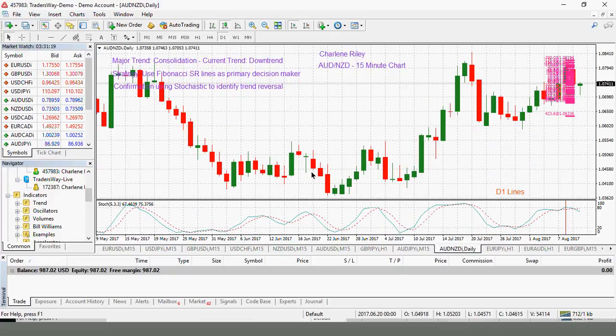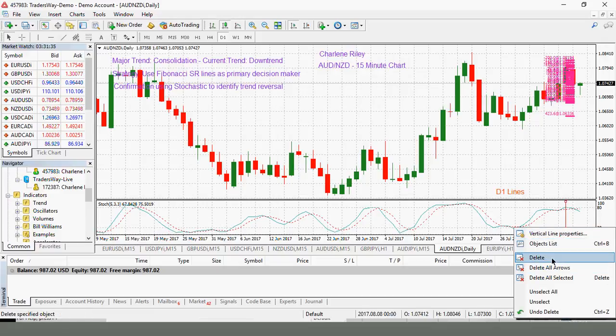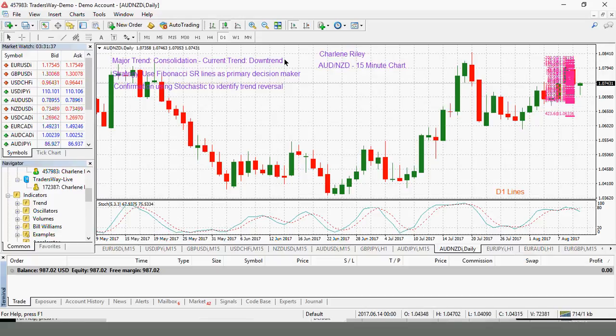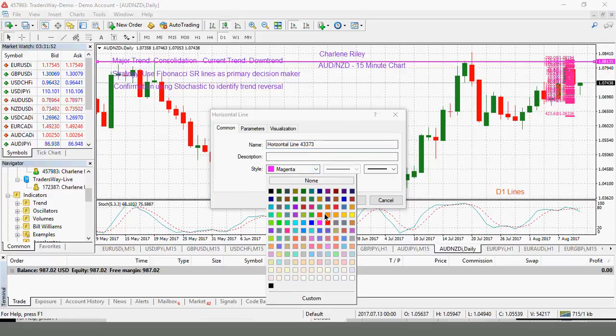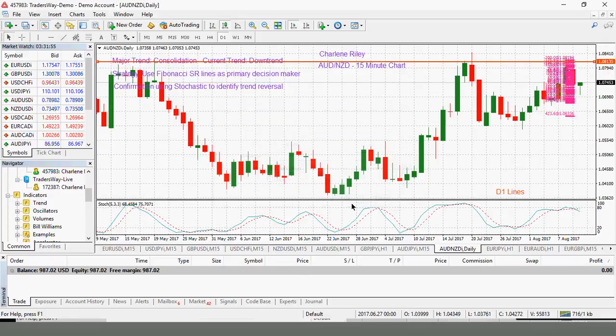We see that the market has been in an uptrend lately. So what I'm going to do first is plot the highs and lows from the daily chart. I like to keep my lines color coordinated.